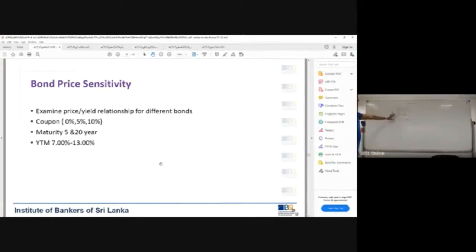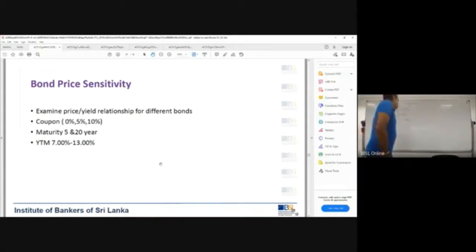Duration, or the interest rate sensitivity, is determined by what factors? The conclusion that we arrive at is that duration depends on the coupon as well as the maturity of a bond. The duration depends mainly on these two factors. It also depends on interest rates, but the main two factors are the coupon and the maturity of a bond.